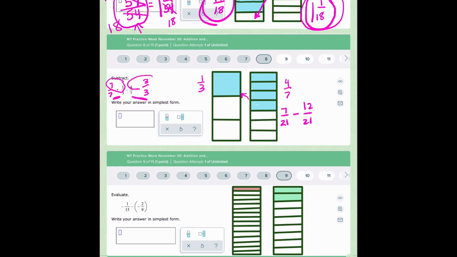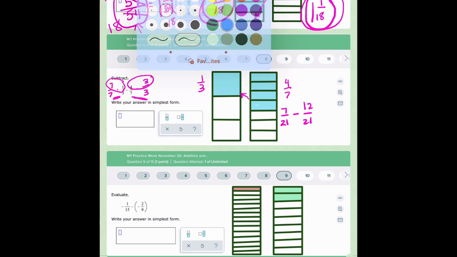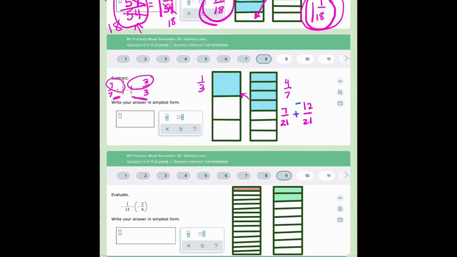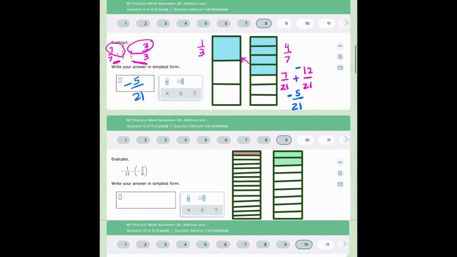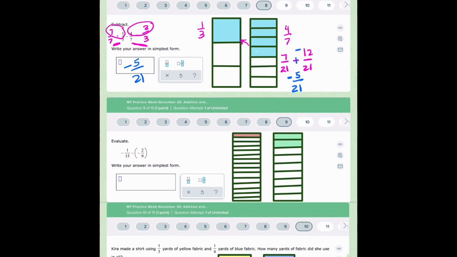We had to do 4 times 3 on the top here. Okay, 7 minus 12. We could actually remember 7 plus a negative 12. Positive 7 and negative 12 is going to give us a negative 5 over 21. Just keep that bottom number the same. Negative 5/21.